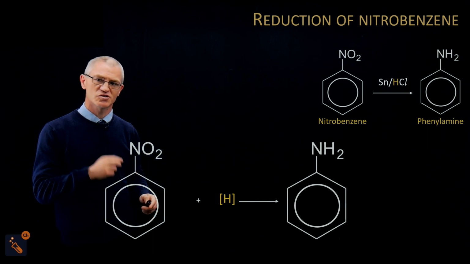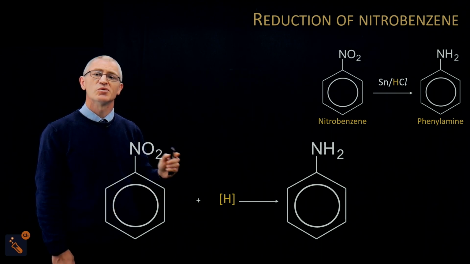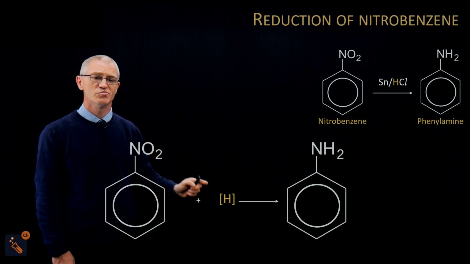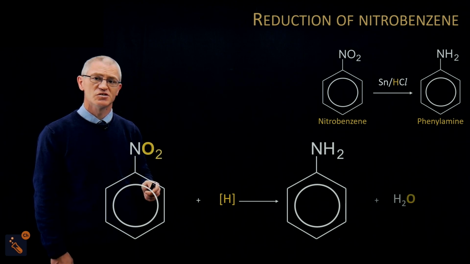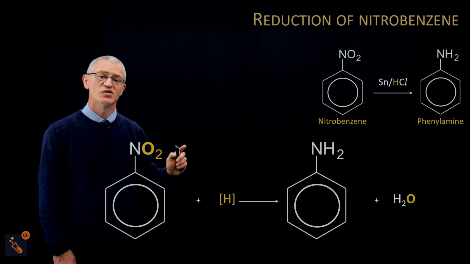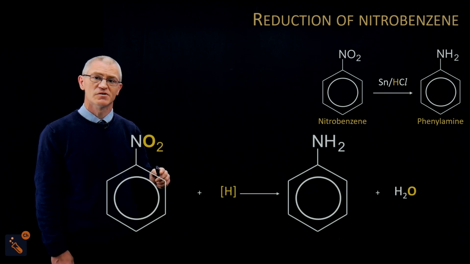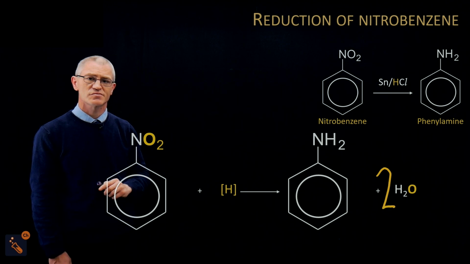So that means 2 oxygens are going to be removed, and both of them are going to be reduced. When you reduce oxygen, you make water, and that is why you are going to make water as a product. But remember, there are 2 oxygens, so therefore I have 2 waters. That's really important here. So there's your 2.